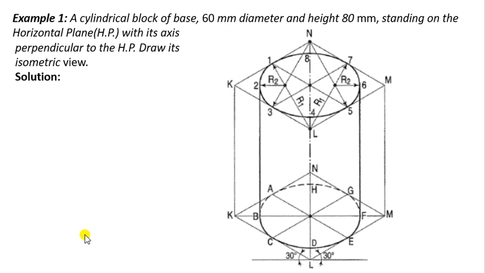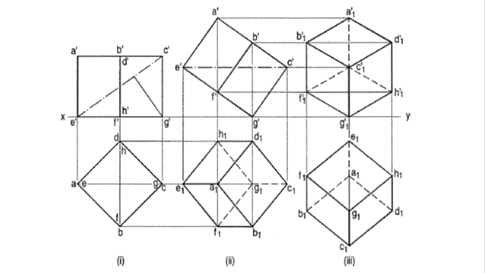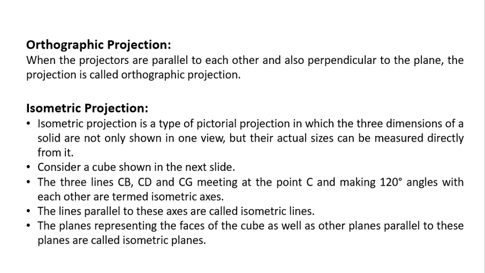Even though the diameter is circular, in the isometric view the apparent shape of the cylinder's side is oval. Instead, it should be a circular shape. You know that the cross section of a cylinder is circular, but in isometric view it appears like an oval. We are going to discuss one by one.